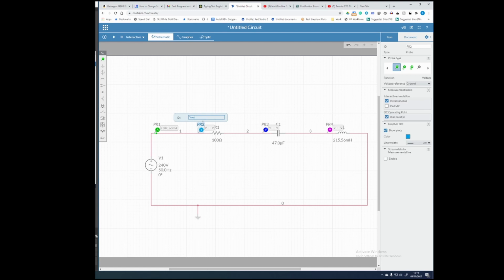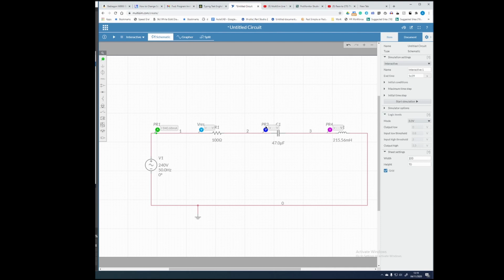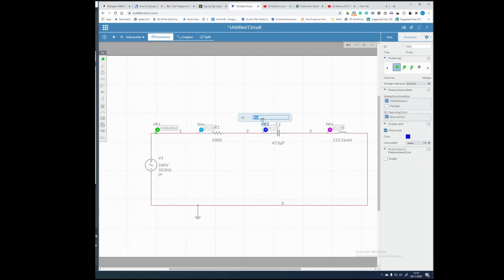MultiSim Live doesn't like funny symbols or spaces in here, so make sure you just use something simple. This is going to be capital V Cap, voltage across the capacitor, and then finally here we've got voltage across the inductor, so V Ind, not V in, otherwise V in can mean something else.